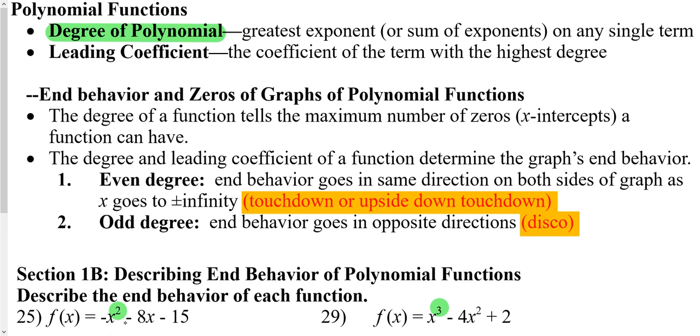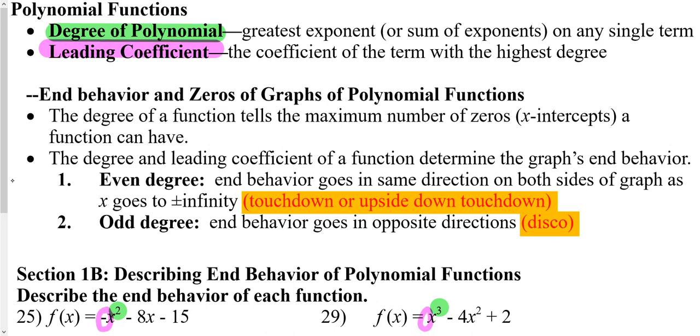And so I highlighted those at the bottom of the page. When we're talking about our leading coefficient, you have to look at that term that has the highest power, and your leading coefficient is what's in front of that term. So that would be a negative 1 there, and then what's in front of this one, there's nothing written there, so that would be a positive 1. So just to help you understand that.